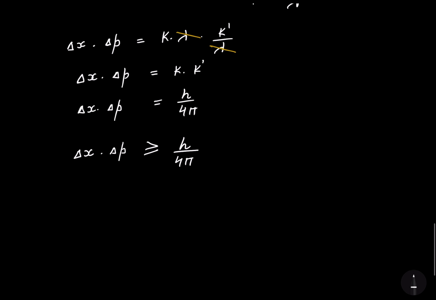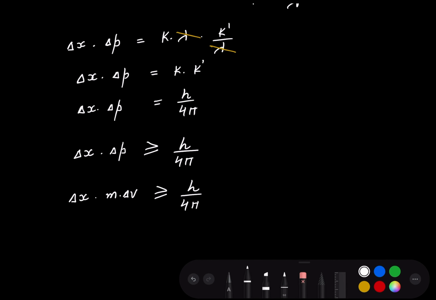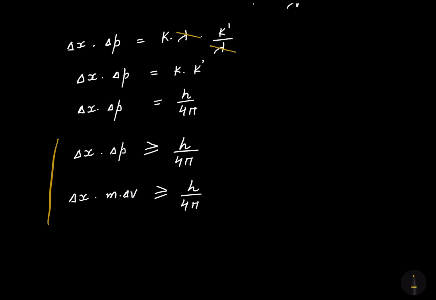So what next? Now delta p is m into delta v. It will be greater than or equal to h upon 4 pi. So this is the Heisenberg uncertainty principle.